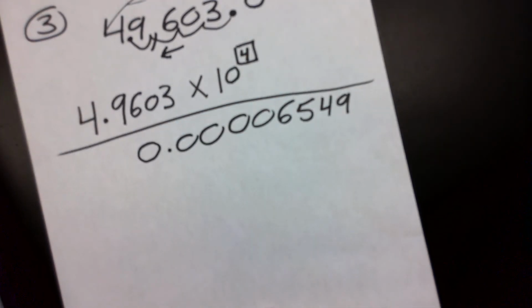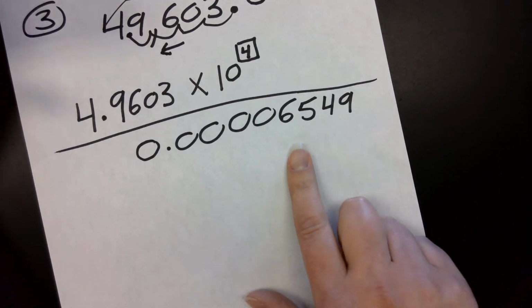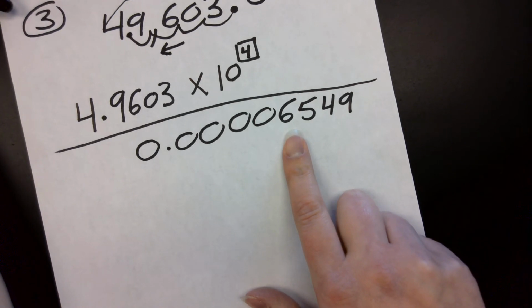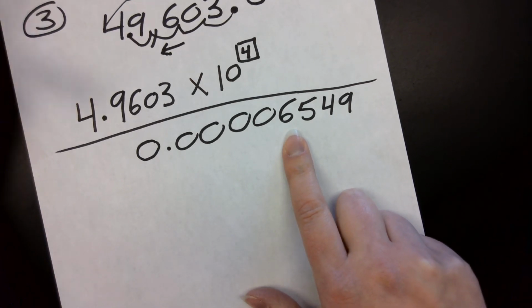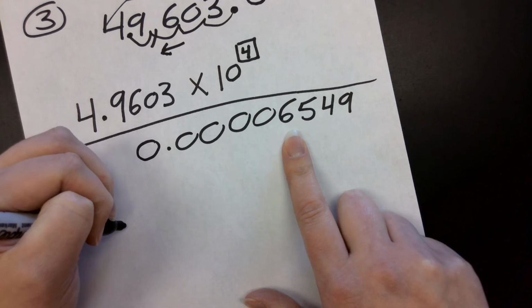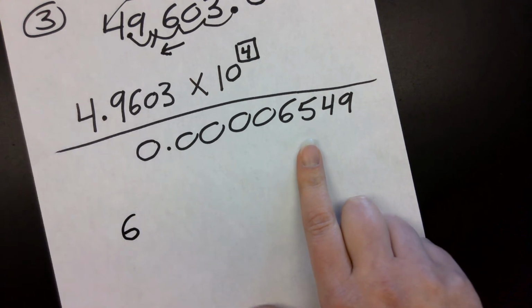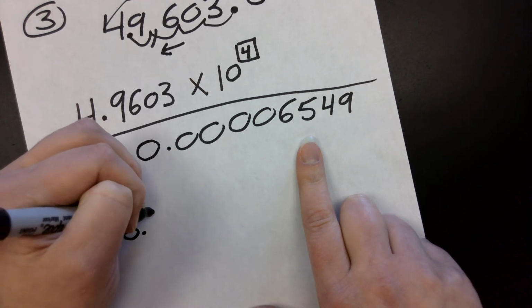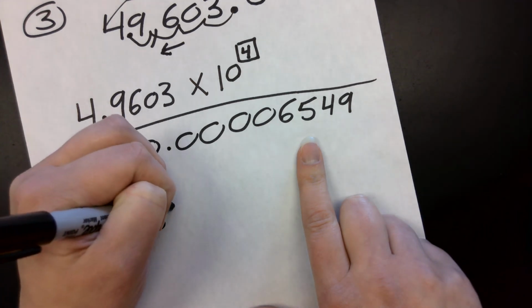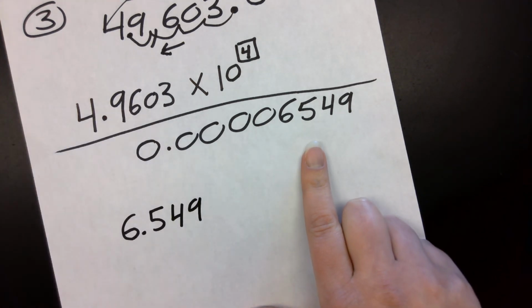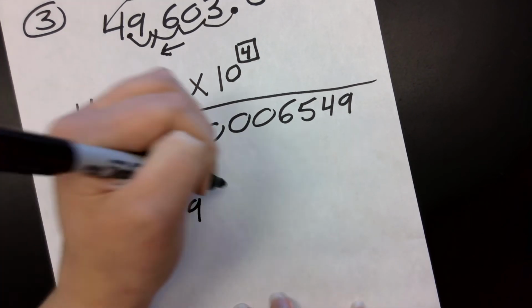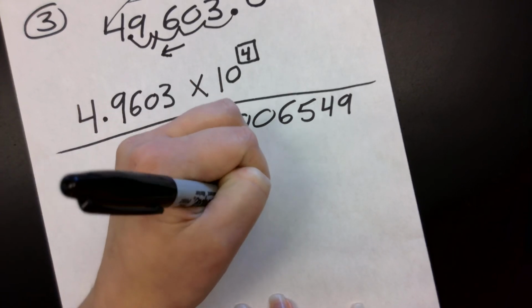So we have to look at our first digit. It's between 1 and 9, 6, so we're going to start with 6. Point. Follow our second rule, follow it with our other following numbers. Times 10.